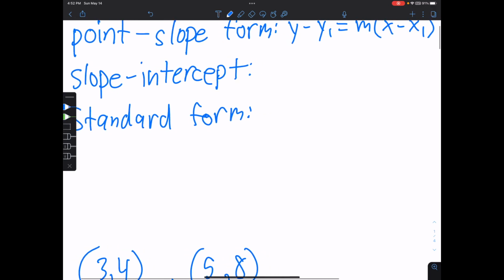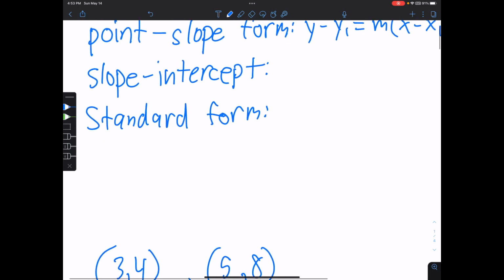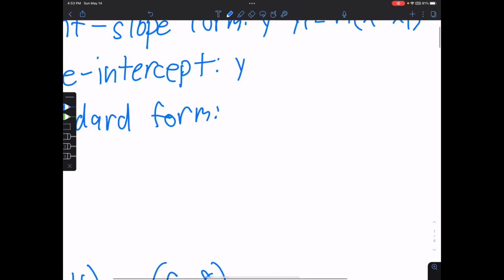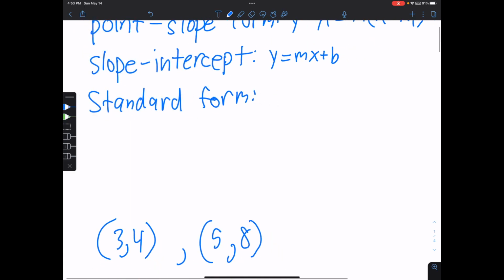Now, slope intercept form. This is y is equal to mx plus b. Everyone should know this one. And then standard form: you put all of the x's and all of the y's on one side and all of the constants on the other.